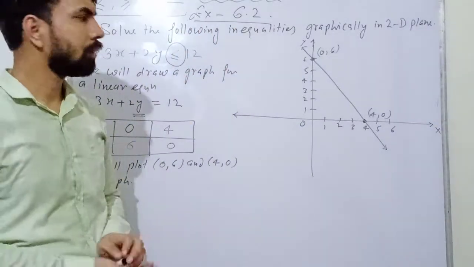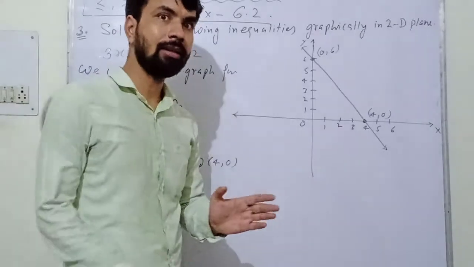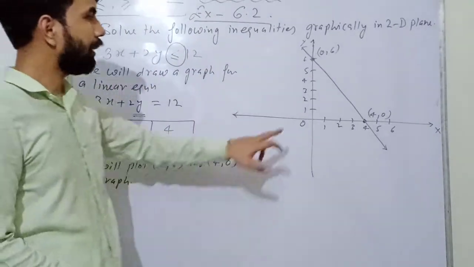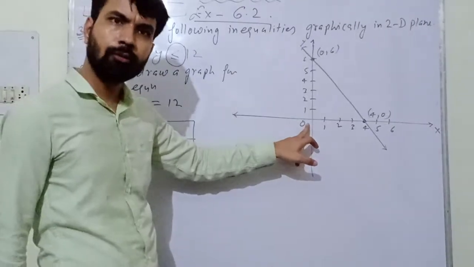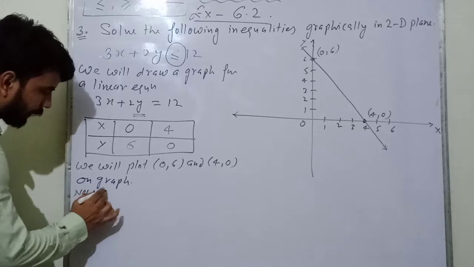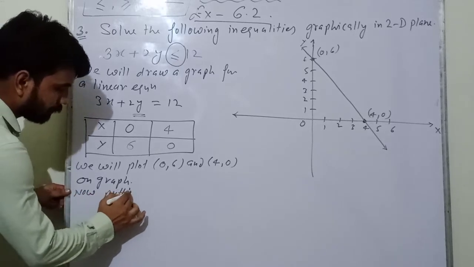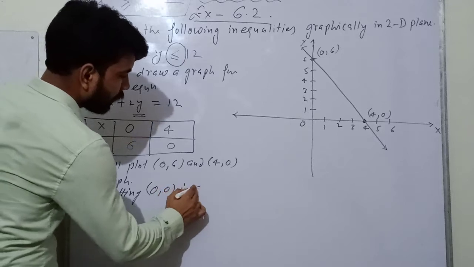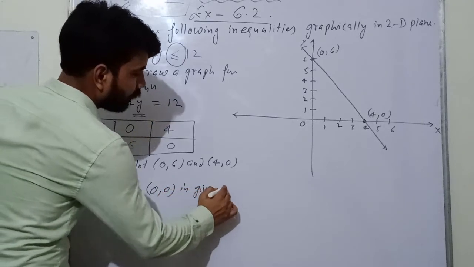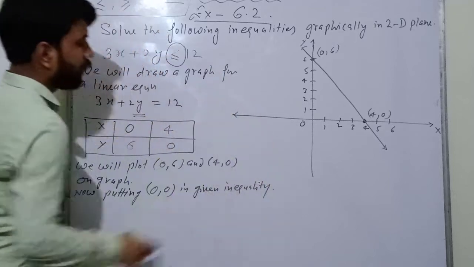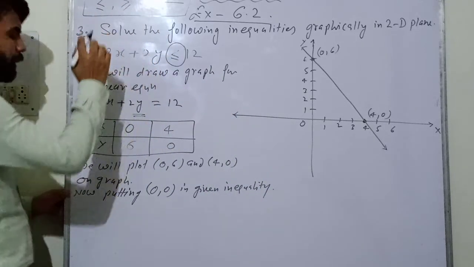Now which part do we have to shade? It depends on whether the condition is true or false. So what will we do now? We will take the coordinates of the origin, putting 0, 0 in the given inequality 3x plus 2y.